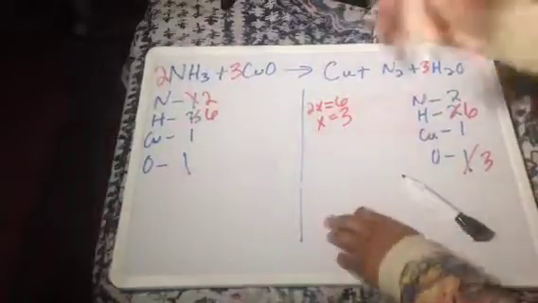On this side, we need 3 oxygens over here on the left, right? So right away we have a coefficient of 1 here. So in order to get our 3 oxygens, 3 times 1 is 3. So we put a coefficient of 3 here. So now this goes from 1 to 3.